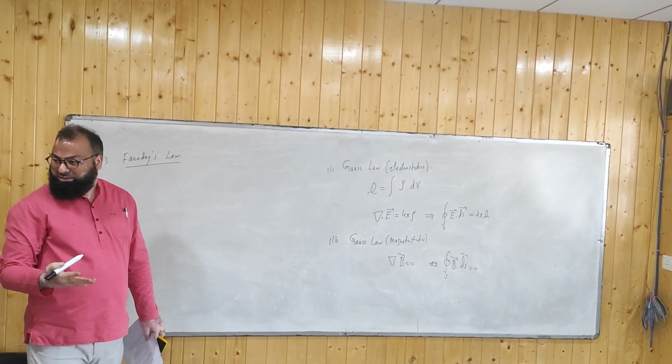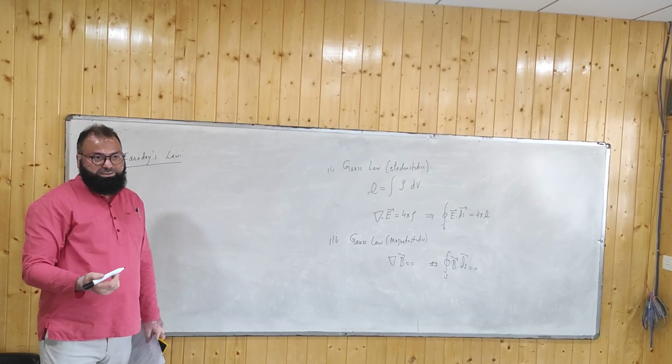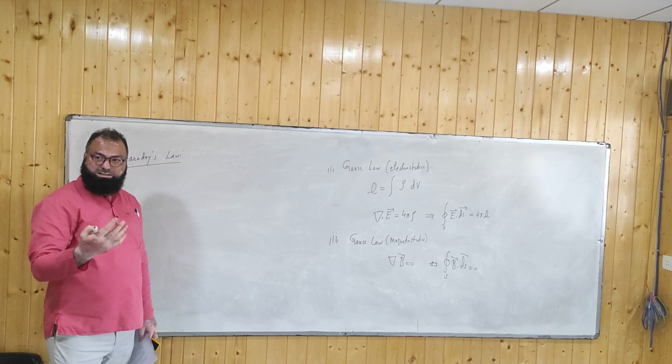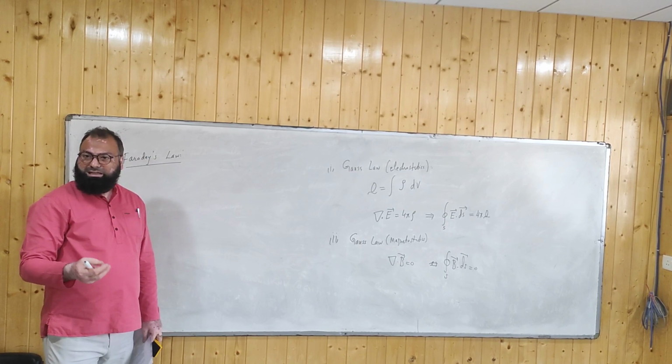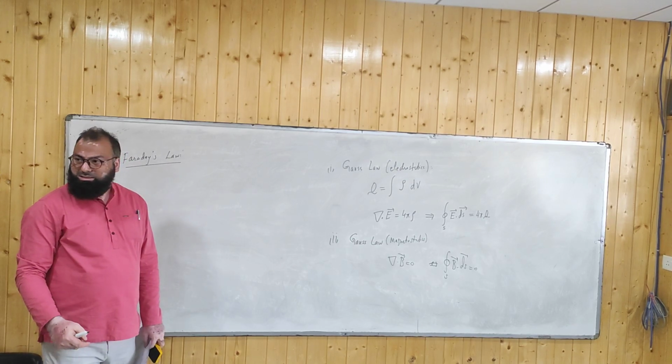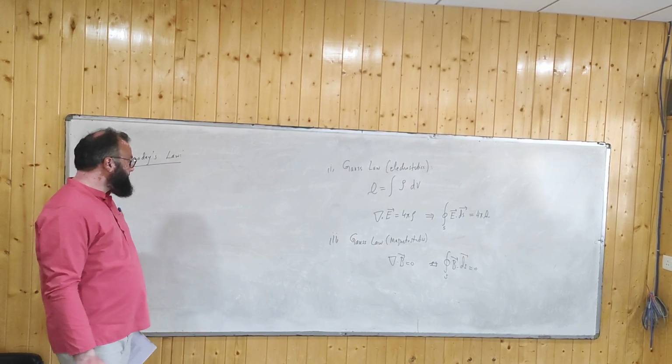A changing magnetic field gives rise to an electric field. Or in other words, if you have a closed circuit, the flux changing through that circuit gives rise to an EMF. An induced EMF exists if you have a changing flux.